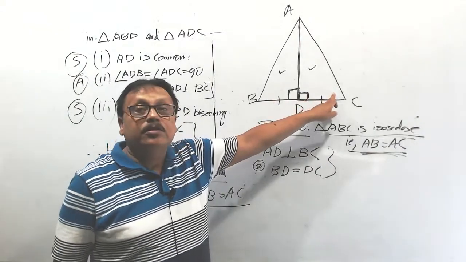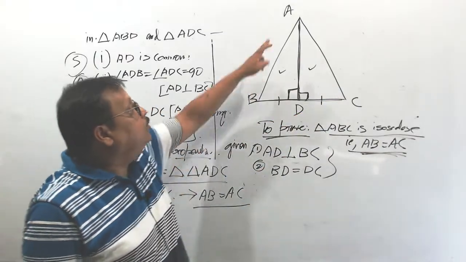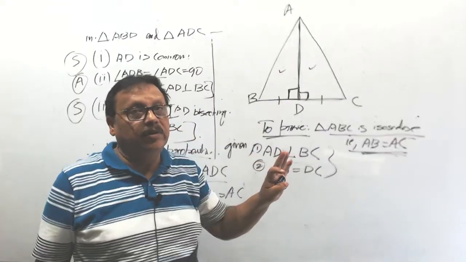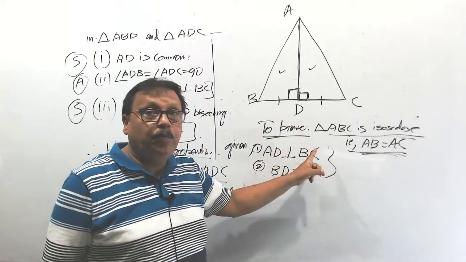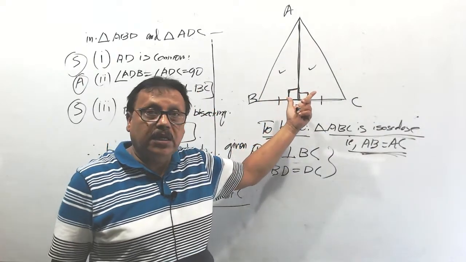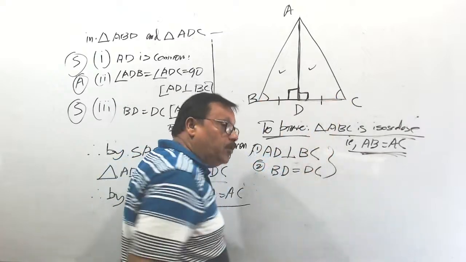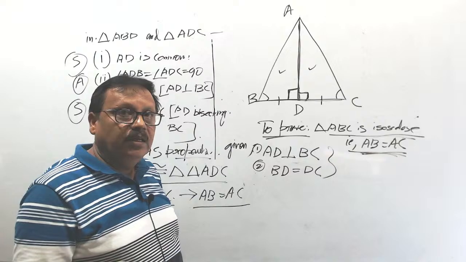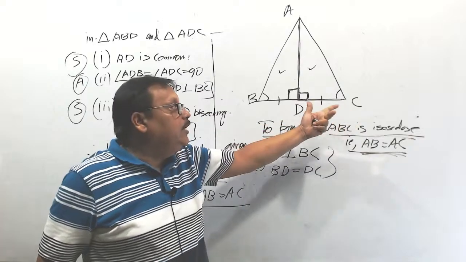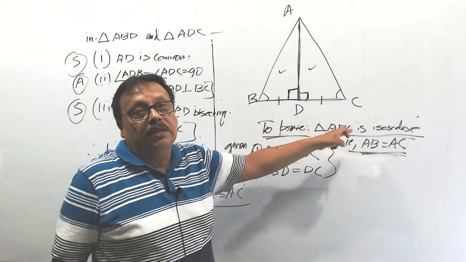These two angles are also equal, but it is not necessary to tell here. Our aim is only to prove AB is equal to AC. We will tell nothing more, nothing extra. We will tell according to the question, to the point. To prove the isosceles triangle, you can tell either angle B equal to angle C, or AB is equal to AC, but one, don't write more.